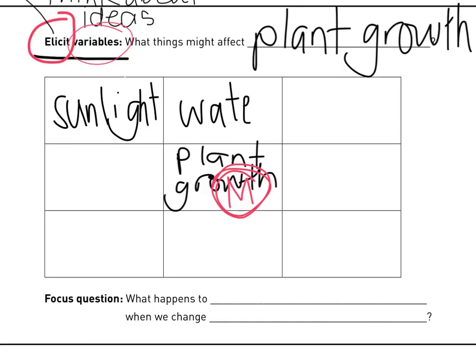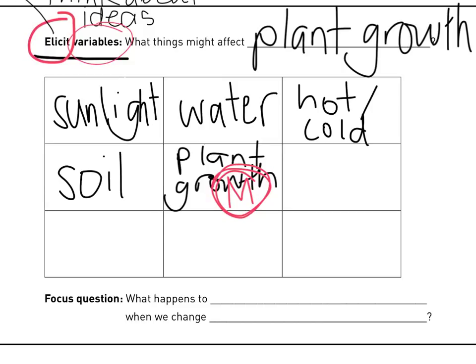Plants do need water to grow, so that's definitely something that can affect plant growth. I'm going to say perhaps hot or cold. Maybe temperature has something to do with it. Maybe the type of soil that they are growing in might affect plant growth.